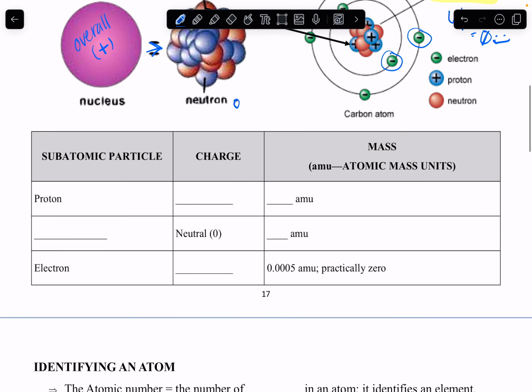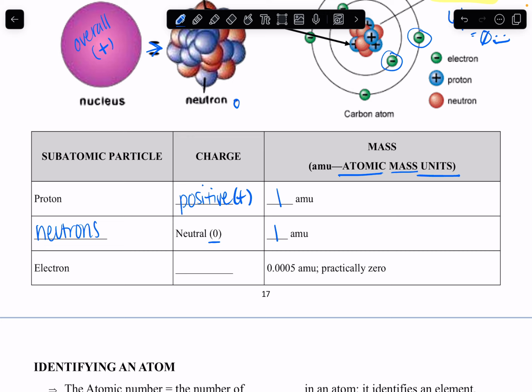Okay, so to summarize, my protons have a positive charge, and they have a mass of 1 AMU. That stands for atomic mass units. Okay, my neutrons are neutral with a charge of 0, and they weigh 1 AMU.